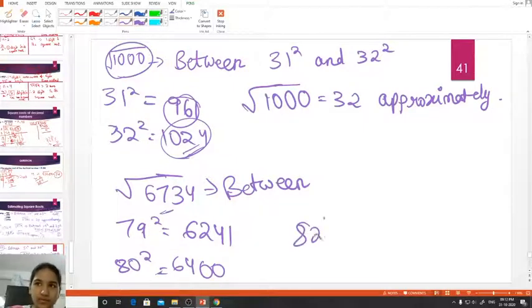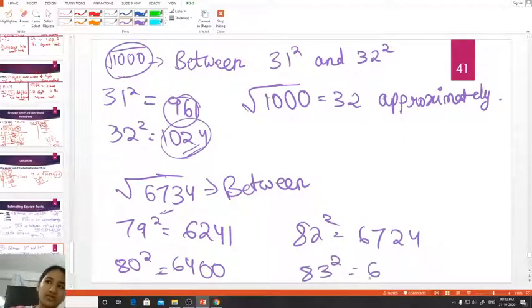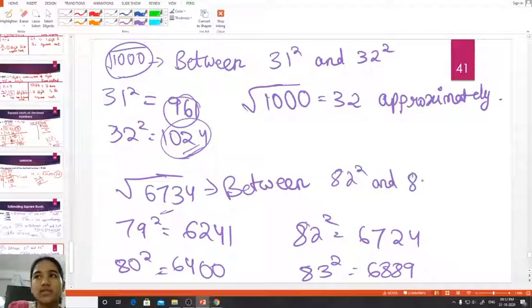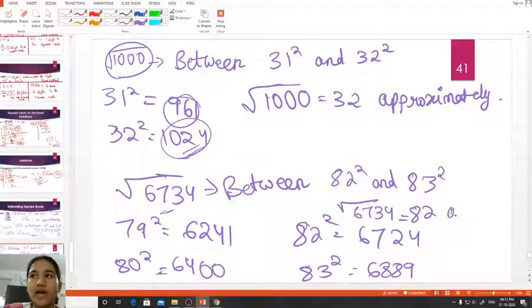What's your 82 square? 6,724. And what's your 83 square? It's 6,889. Right. So we can conclude which is nearer to it, between 82 square and 83 square. That implies the square root of 6,734 is equal to 82 approximately, as it's closer to it.